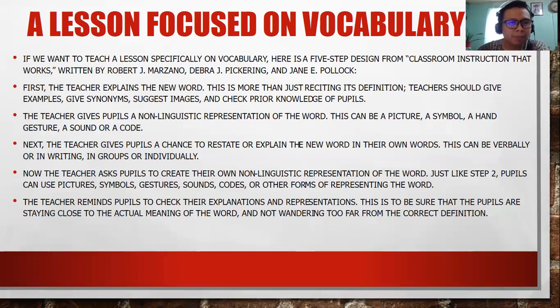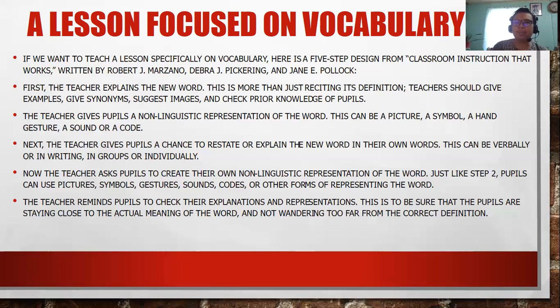The teacher gives pupils a non-linguistic representation of the word, and this can be a picture, symbol, a hand gesture, or a sound or a code. That's the second step. Third, the teacher gives pupils a chance to restate or explain the new word in their own words. This can be verbally or in writing. It could be in groups or individual.